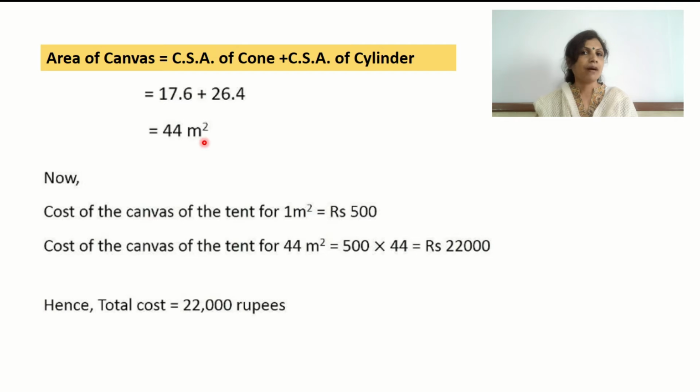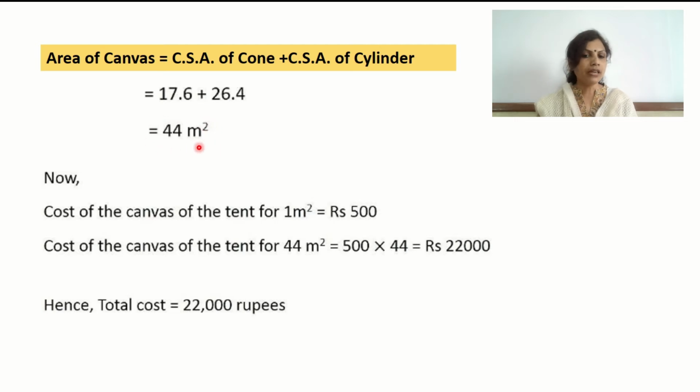Now the next part of the sum, we are given that the cost of the canvas of the tent per meter square is rupees 500. That means for 1 meter square the cost is rupees 500. Now how much area have we calculated? 44 meter square.